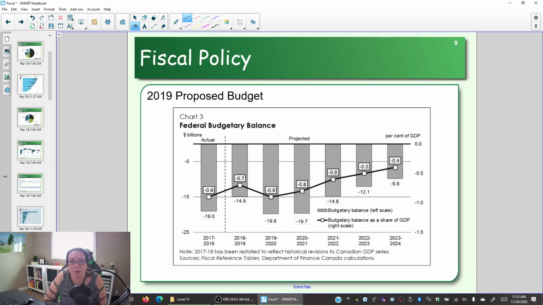Here you can see the proposed budget. This is from 2019 from the Canadian government. So this is the plan to balance the budget over the coming years. Now, of course, this was created pre-COVID. And as the government spends money on CERB and helping businesses and households with some of the expenses of PPE, protective equipment, plastic shields at grocery stores, masks, government spending to help with hospitals and getting ventilators.